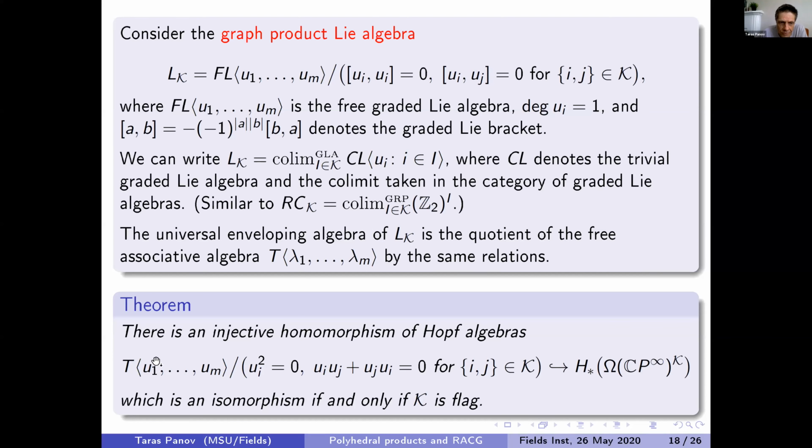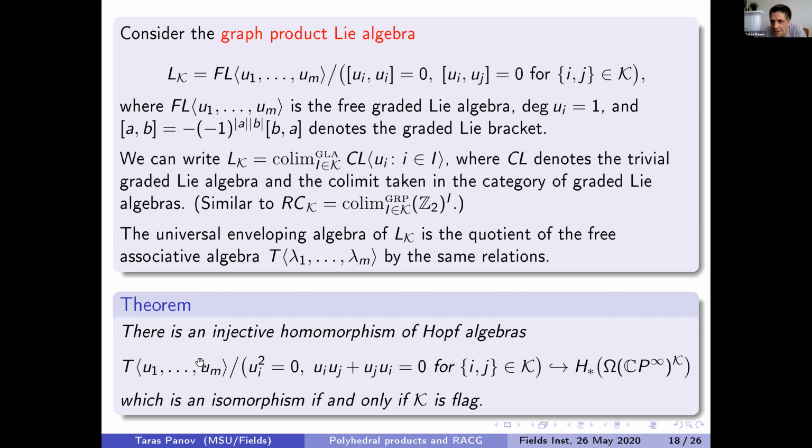This graph associative algebra, the quotient of the tensor algebra by those two sets of relations, the square is 0 and the commutator is 0 whenever you have an edge, embeds into this Pontryagin algebra. It always embeds as a subalgebra, and this embedding becomes an isomorphism if and only if k is flag.